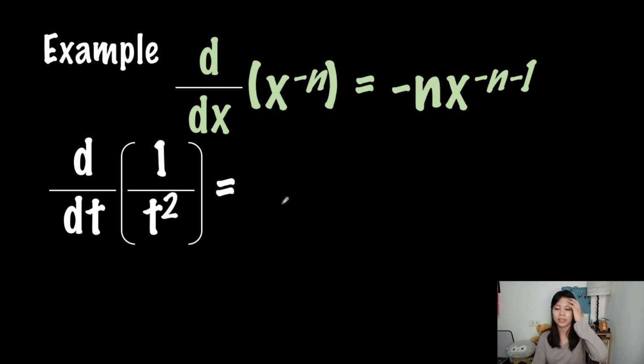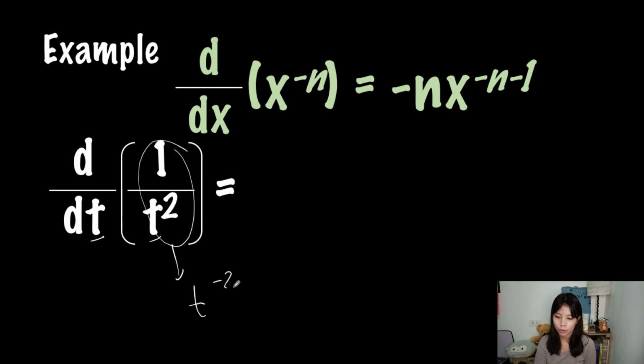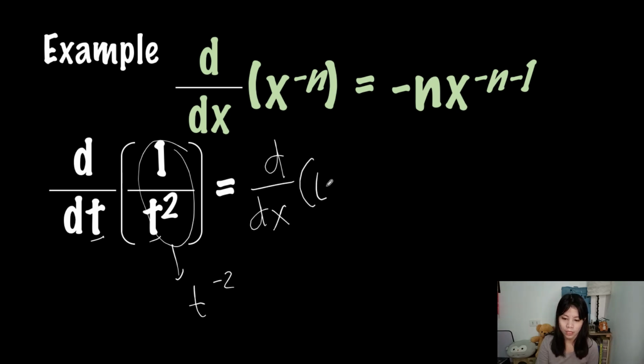Okay? Ito naman, ayan, ate Kim, ba't may t na yan, x lang to kanina. So, pareho lang yan, guys. As long as yung i-derive mo, pansin nyo, dt to, dapat ito, t din. Okay? So, itong 1 over t squared equal siya sa t raised to negative 2. So, this is another way of saying, what is the derivative of t raised to negative 2 with respect to t?